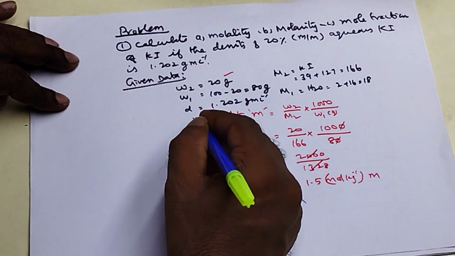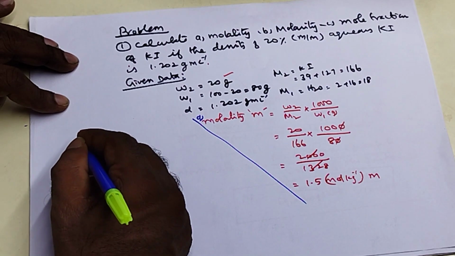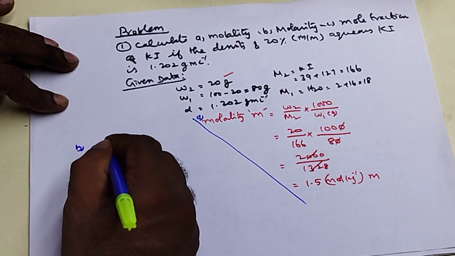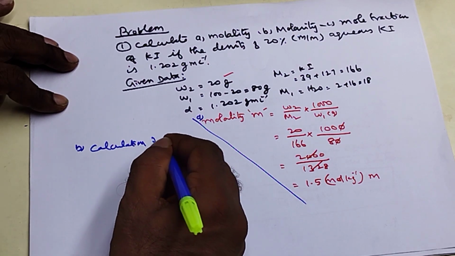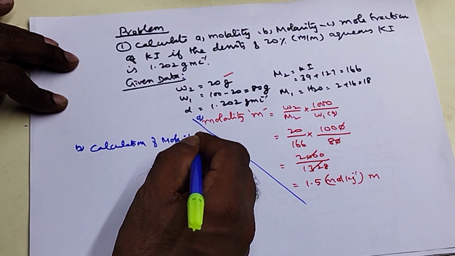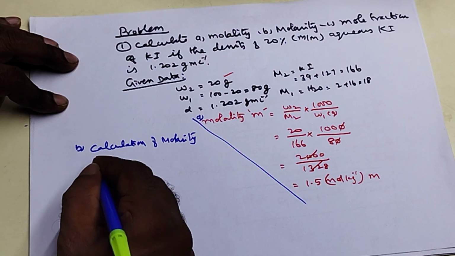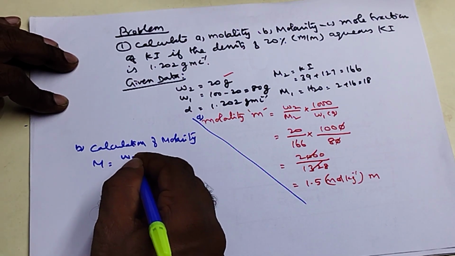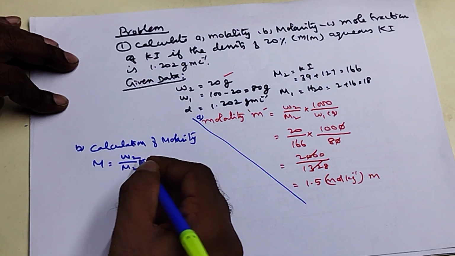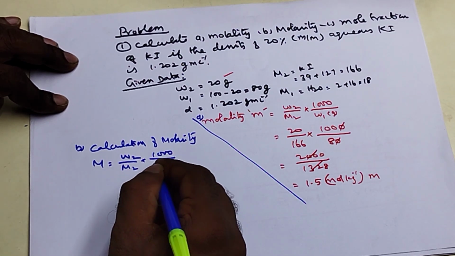Now we can discuss the second part, which is the calculation of molarity. We already know that molarity is the number of moles of solute, that is W2 by M2 into 1000 divided by V mL.